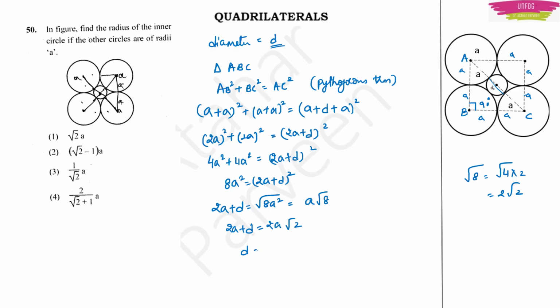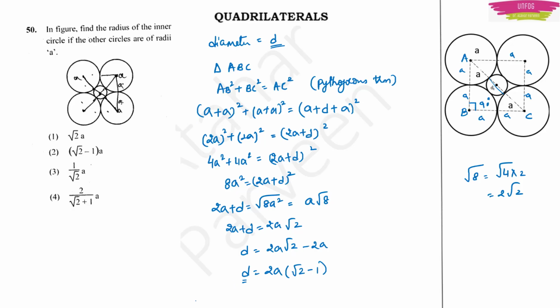Then d will be equal to 2A root 2 minus 2A. So I can take 2A as common: 2A into root 2 minus 1. Okay. So this is the diameter.